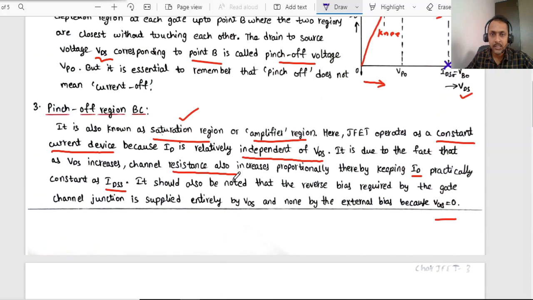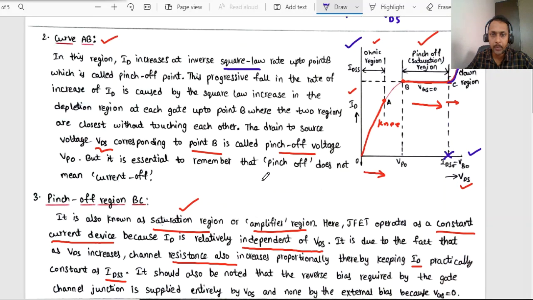From our previous discussion again, how do you understand that pinch off voltage? This corresponding point B is VP naught. From that point onwards, the drain current will be constant. The voltage from where the drain current is maintained constant is the pinch off voltage.